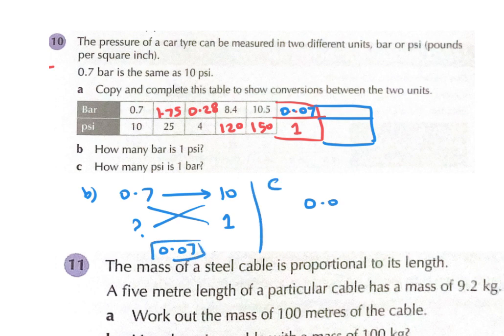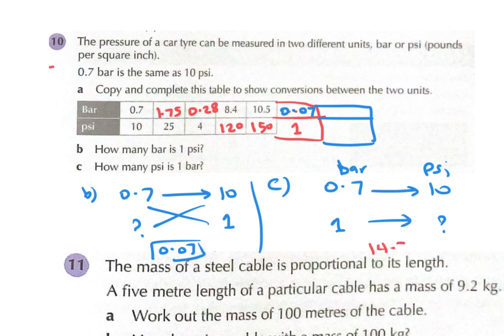Now the same way you can solve C. 0.7 is equivalent to 10, this bar and this psi. So how many psi? So I need this one. 14.3, equivalent to 1. 14.3.